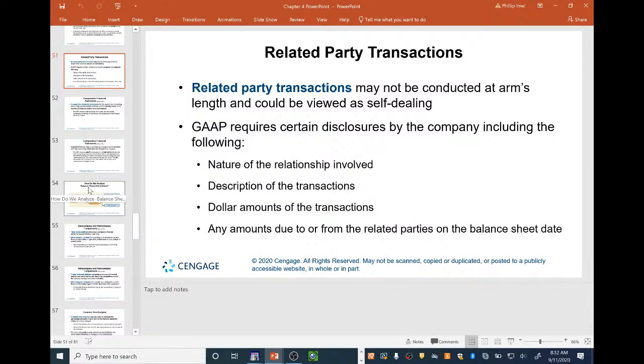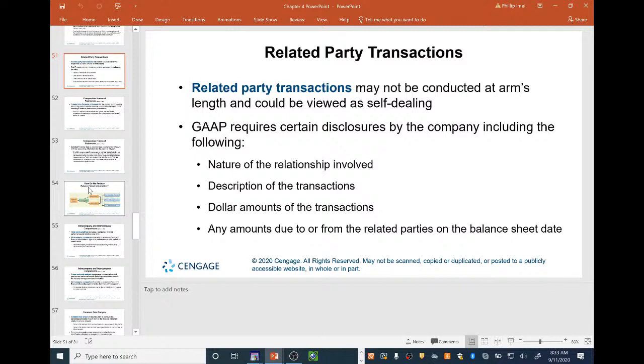Next, related party transactions. They may not be conducted at arm's length and could be viewed as self-dealing. So what do we mean by arm's length here? Kind of like inside your own company. Yeah, well, related party transactions could be within our own company or with a company that we control or something of that sort.